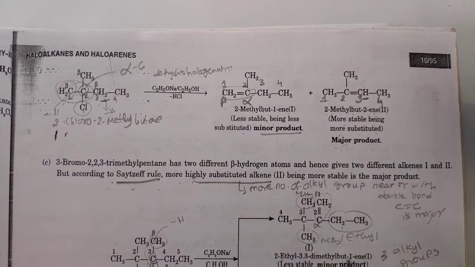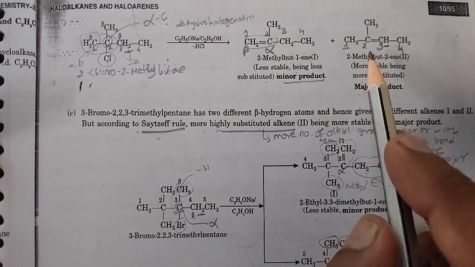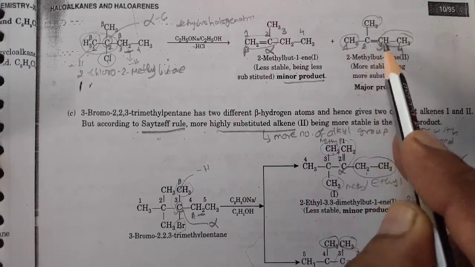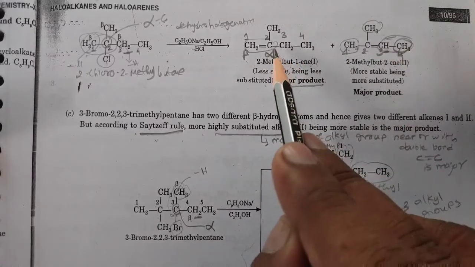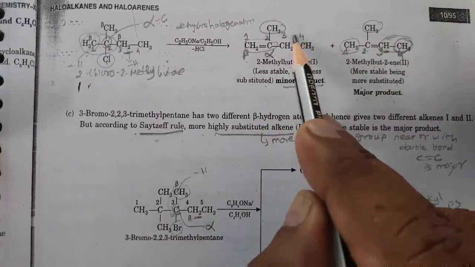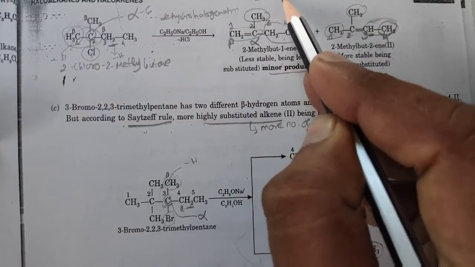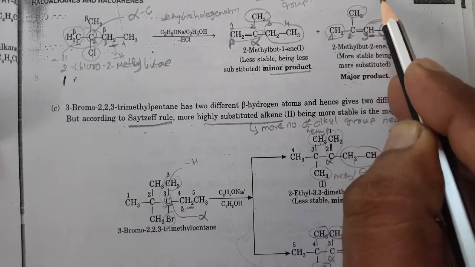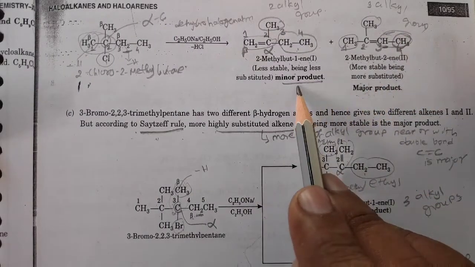Okay, see now in this case there are 3 alkyl groups next to the double bond carbon. Now in this other case you will see only 2 alkyl groups are there. How many alkyl groups? 2 alkyl groups, right? In this case total 3 alkyl groups are there, right? So that's why this is a major product and this is a minor product.